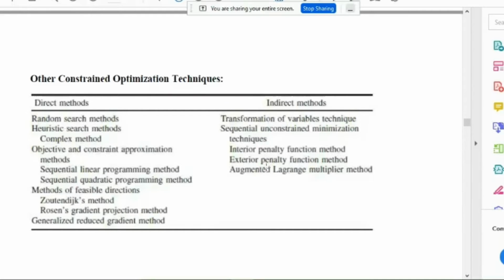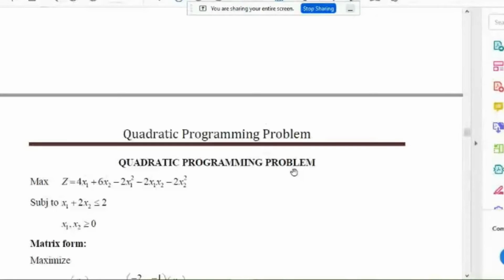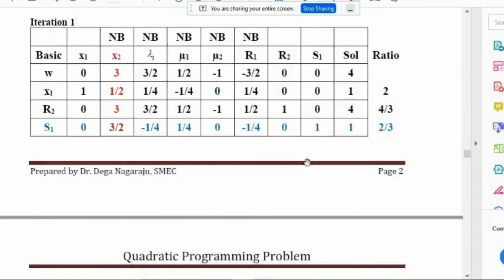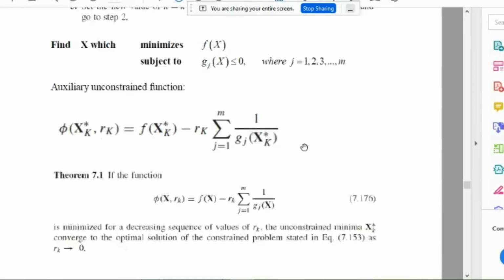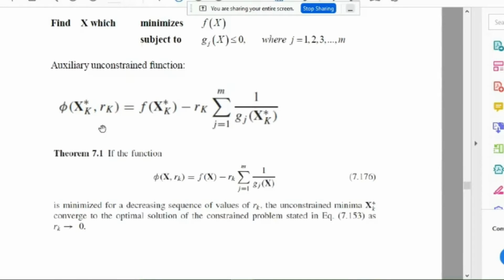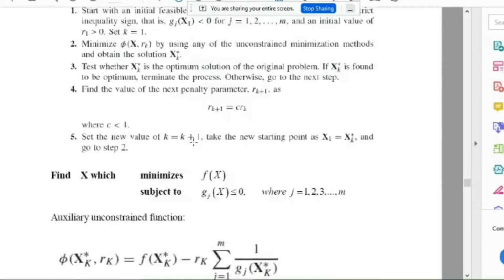Here penalty function methods are most frequently used. That is the interior penalty function method and the exterior penalty function method. In both the interior and the exterior penalty function methods, we need to formulate one auxiliary unconstrained objective function, right?